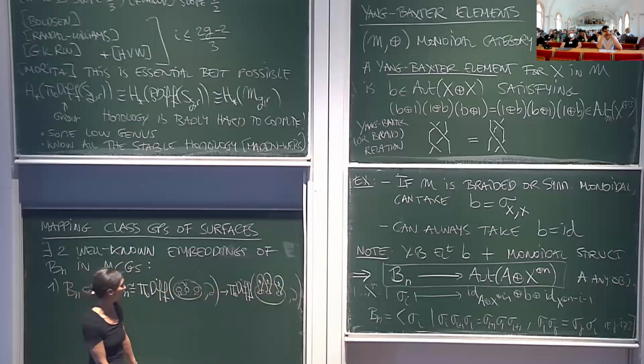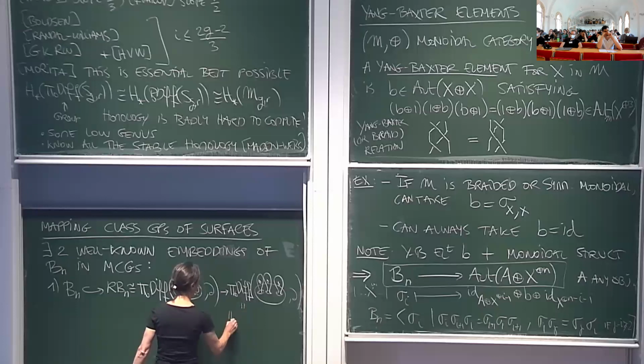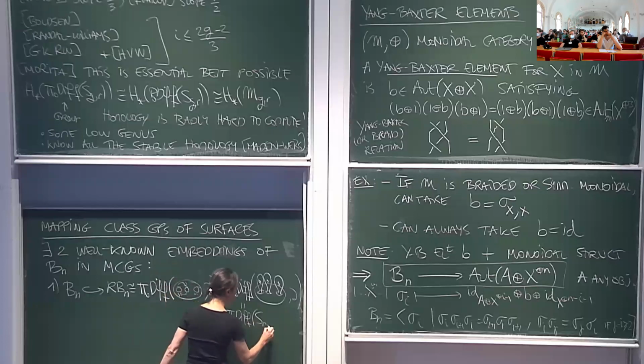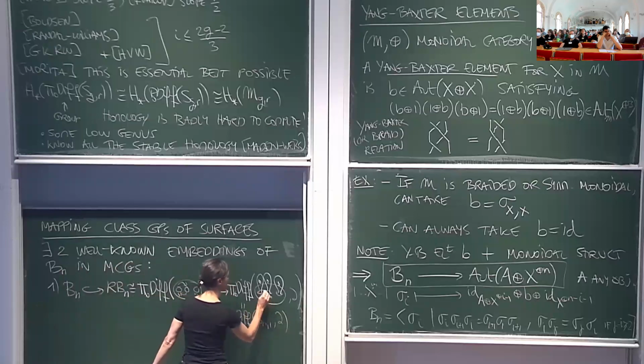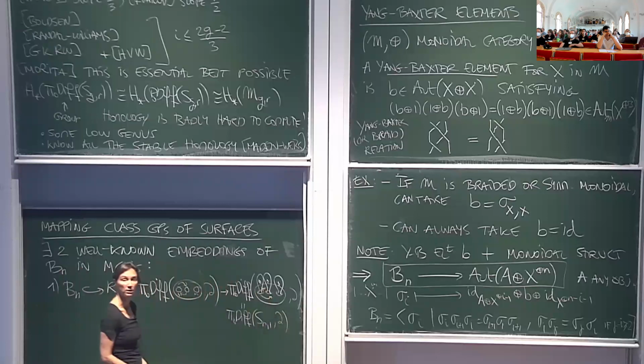So now I have pi naught of Diff of S, with genus n and 1 boundary component. I can get a genus, and my braid is still there, right? I can still exchange little elements like this. That's the morphism from the braid group.